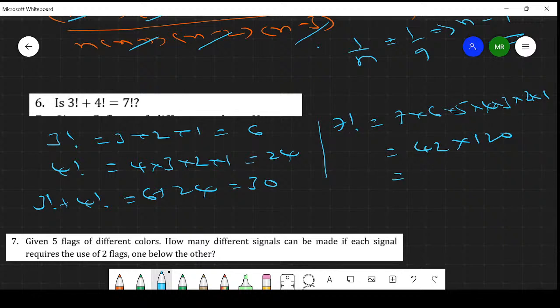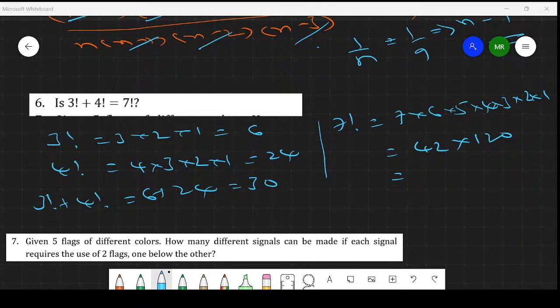You multiply this, I got 42 into 120. Check the value, what it comes. Is it 5040? Am I right?